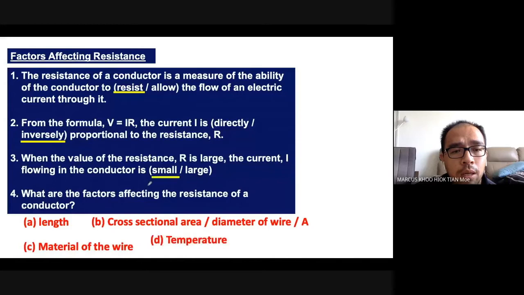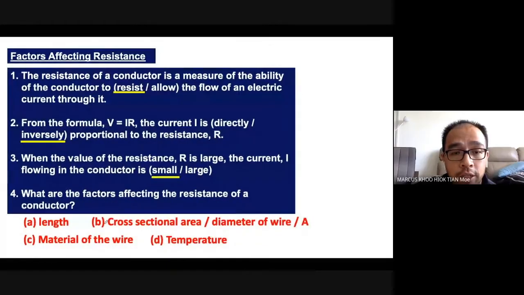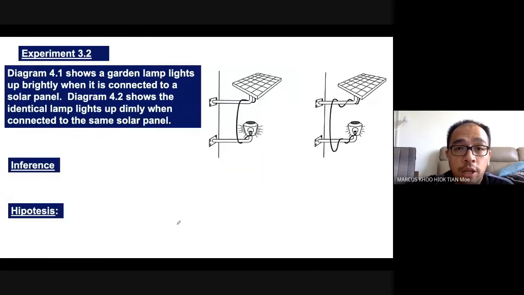Which one? Cross-sectional area. Oh yes, okay, correct. So cross-sectional area was the experiment that you did.